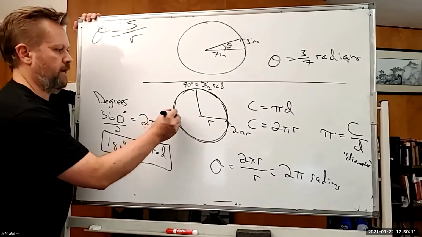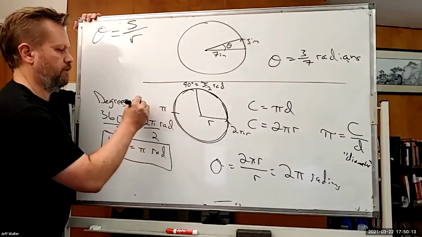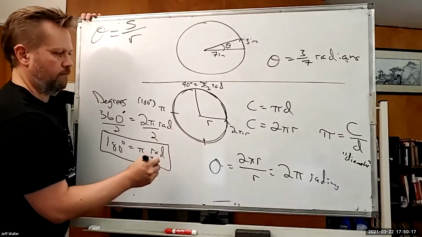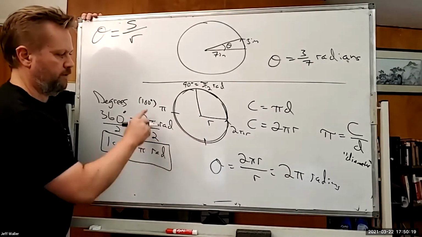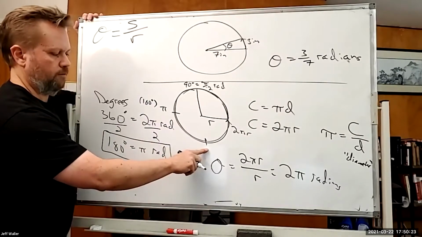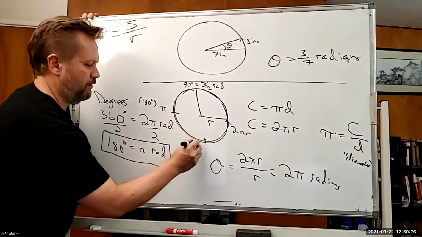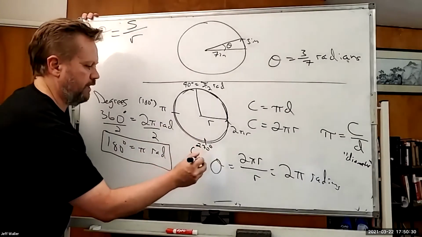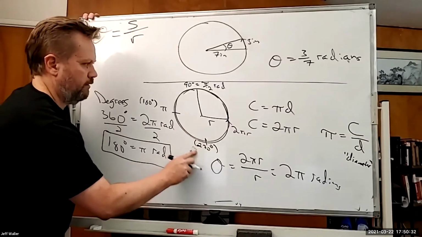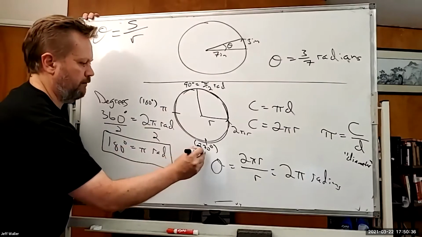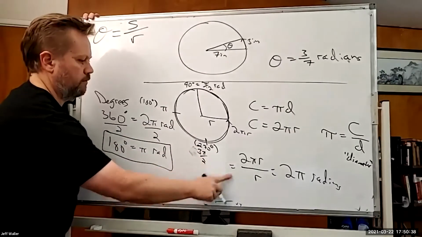So this will be pi, which is also 180 degrees. What would this be in degrees? 3/2 pi, that's what it is in radians. Degrees is 270 degrees. And in radians, it kind of makes sense. You just keep adding pi over 2. You add another pi over 2, you get 3 pi over 2.